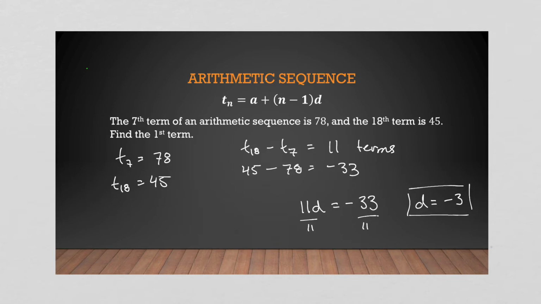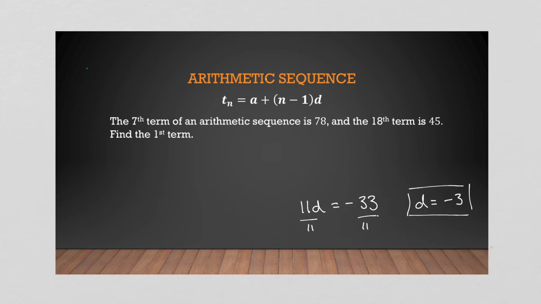So we've solved for our difference. Once you have that information, you can use either of the two pieces of information given to us and plug it into the equation now to solve for A, because I'm going to use T7, right? T7 was 78. So that means 78 for T7 is equal to A plus, now n is 7 this time, because I'm using T7. And now I know my d is negative 3.